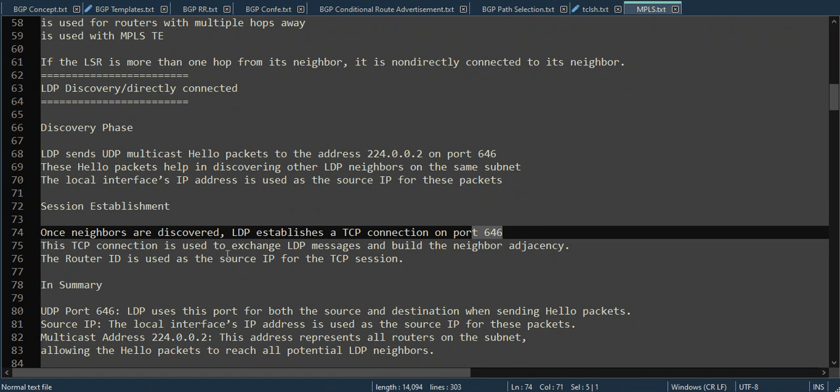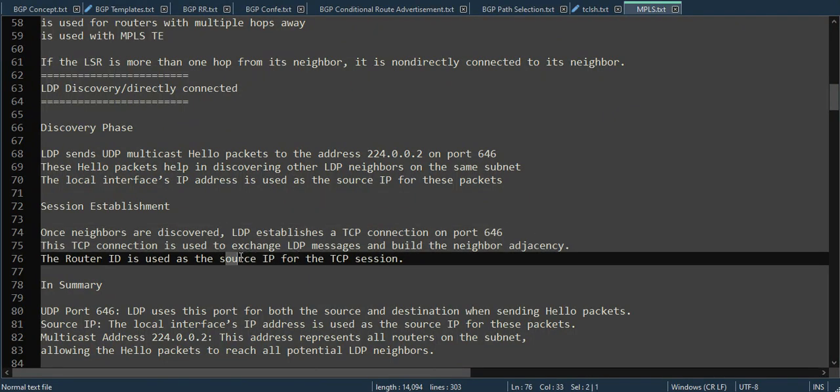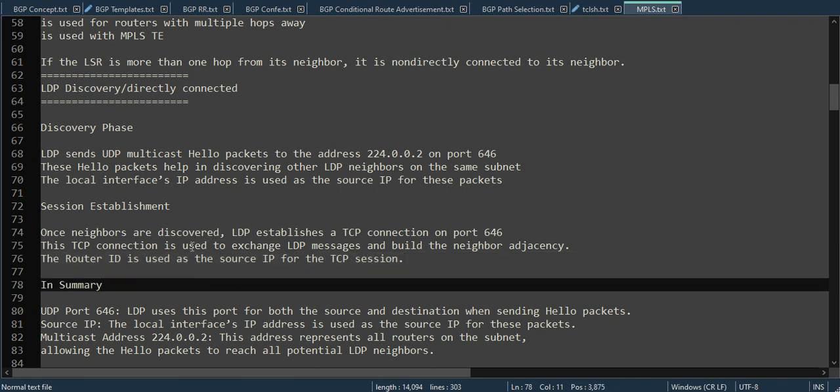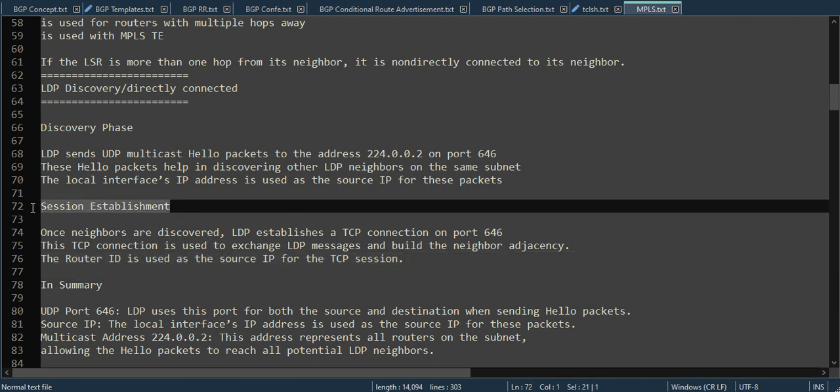This TCP connection is used to exchange LDP messages and build the neighbor adjacency. And the router ID is used as the source IP of the TCP session. These things happen in the session establishment phase.